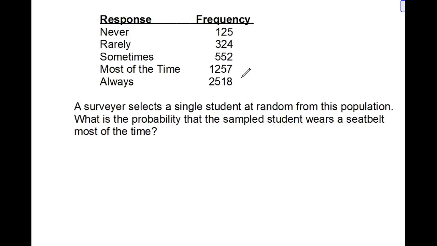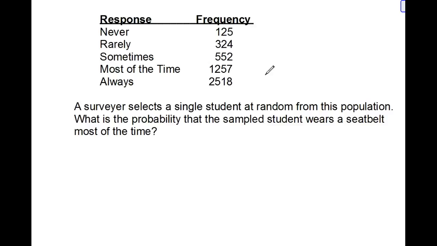So a survey selects a single student at random from this population. What is the probability that the sampled student wears a seatbelt most of the time?